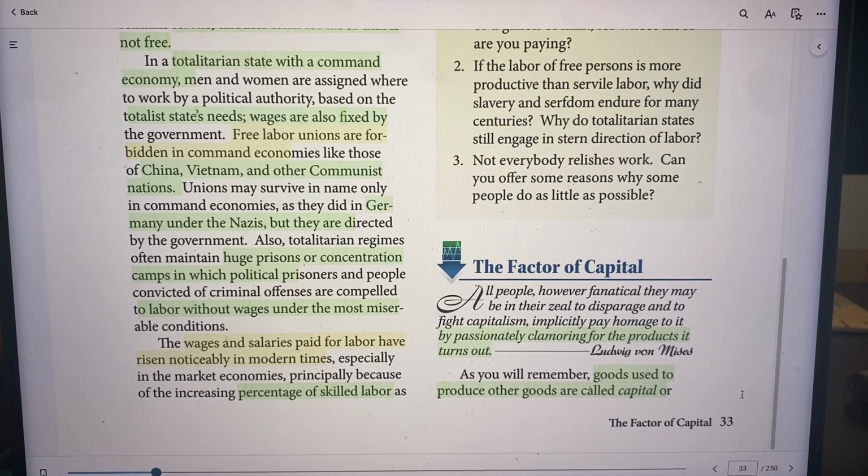It says, the factor of capital. All people, however fanatical they may be in their zeal to disparage and to fight capitalism, implicitly pay homage to it by passionately clamoring for the products it turns out. Isn't that right? A lot of people in different countries, or even in America, may say capitalism is terrible.